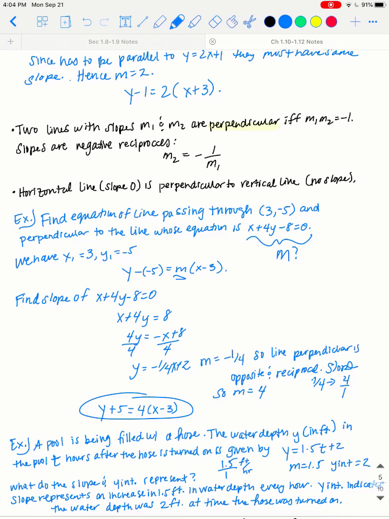And that's because our y-intercept, I'm going to do it over here, is 2. And then from there, we're adding 1.5t. So it started at 2, and then every hour it increases by 1.5. So it keeps going up 1.5t. So that's our line. So it's added from 2.